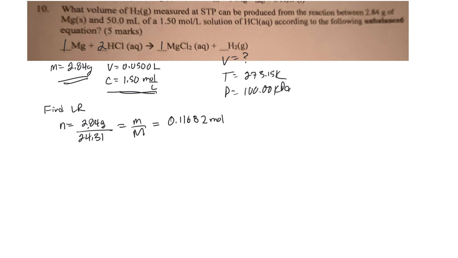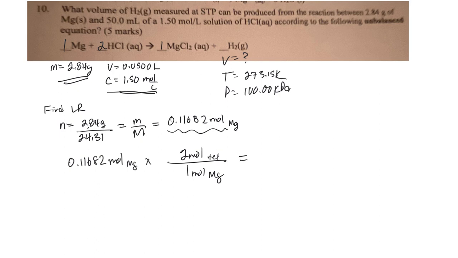Now I'm going to do this slightly differently. Let's see how many moles of hydrochloric acid I would need. I have this many moles of magnesium. So if I take that number, 0.11682 moles of magnesium, and multiply it by the mole ratio, 2 moles HCl react with 1 mole of magnesium, let's see what that comes out to.